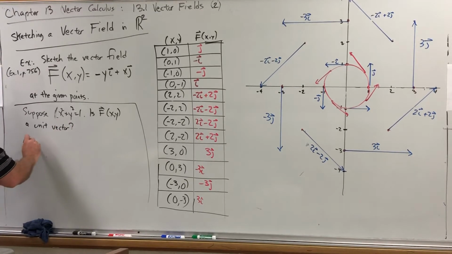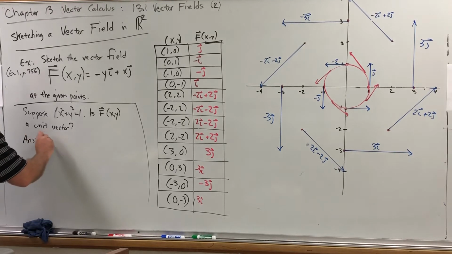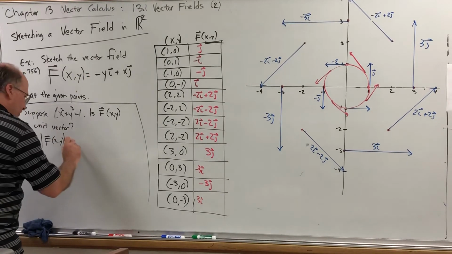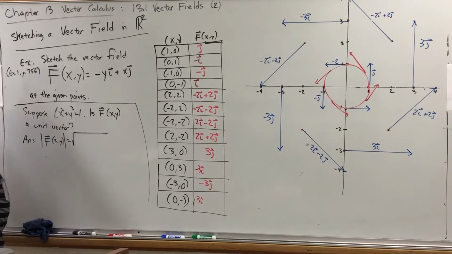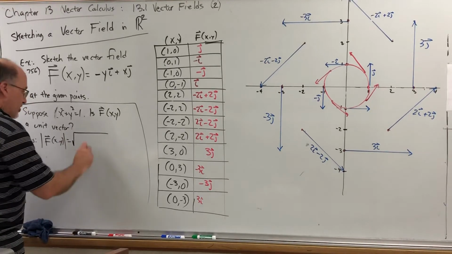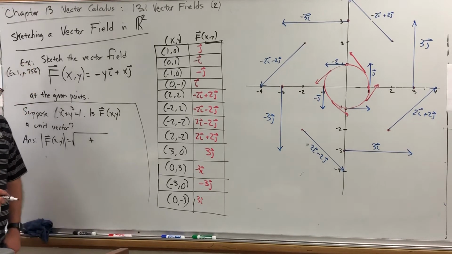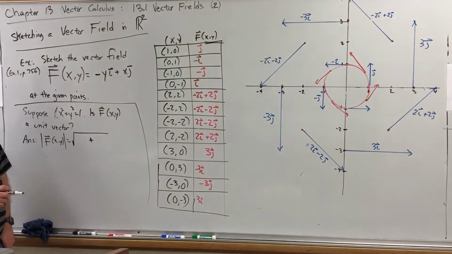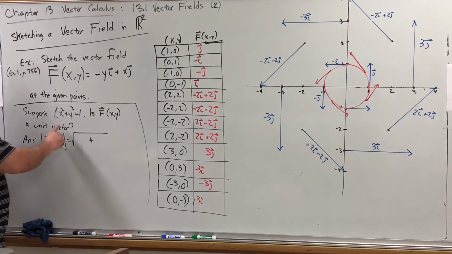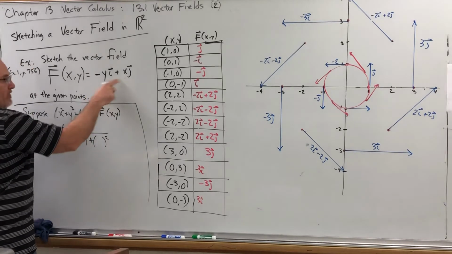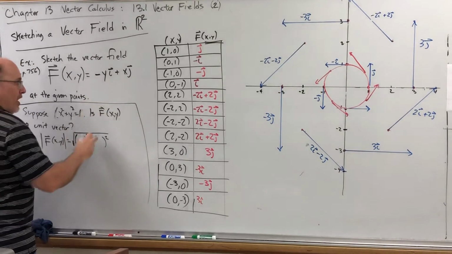Well, let's find the magnitude of f of x, y. The magnitude of a vector is the square root of the sum of the squares of its components, in this case negative y and x.